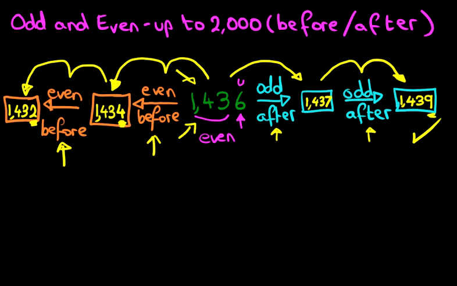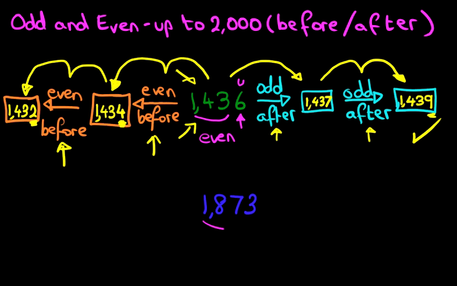Let's work through one more example. Now this time, let's suppose we've got the number 1873. Now before we go any further, what is this number? Is it an odd number or is it an even number?